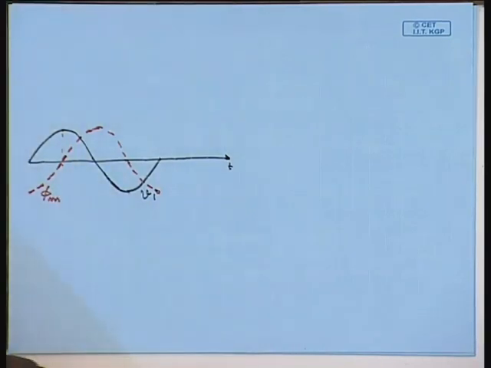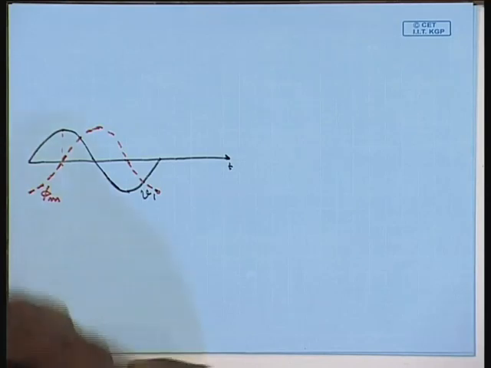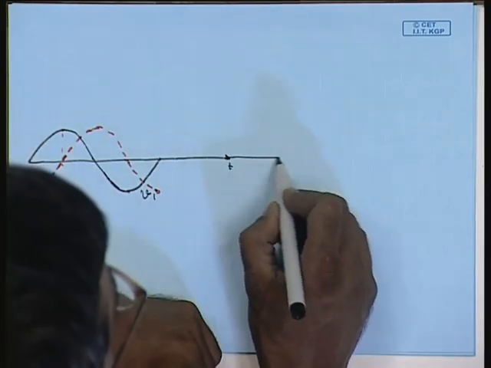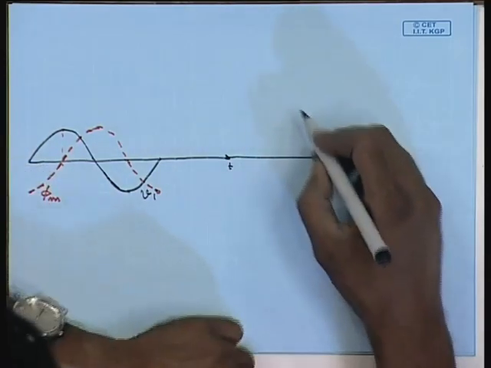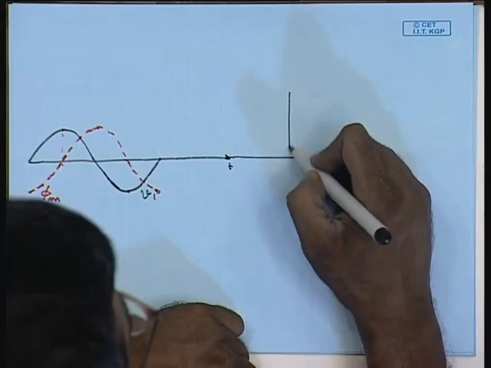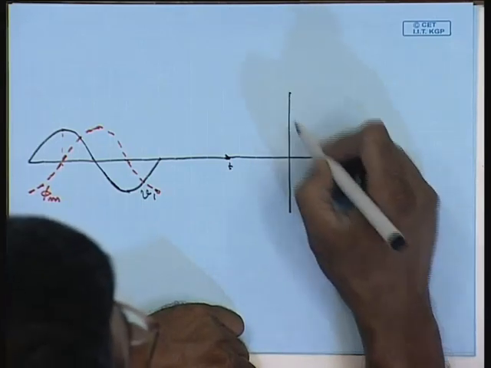Now, let us try to find out what will be the current needed in order to establish this flux in the core. For that, we will have to consider the BH characteristics of the material.